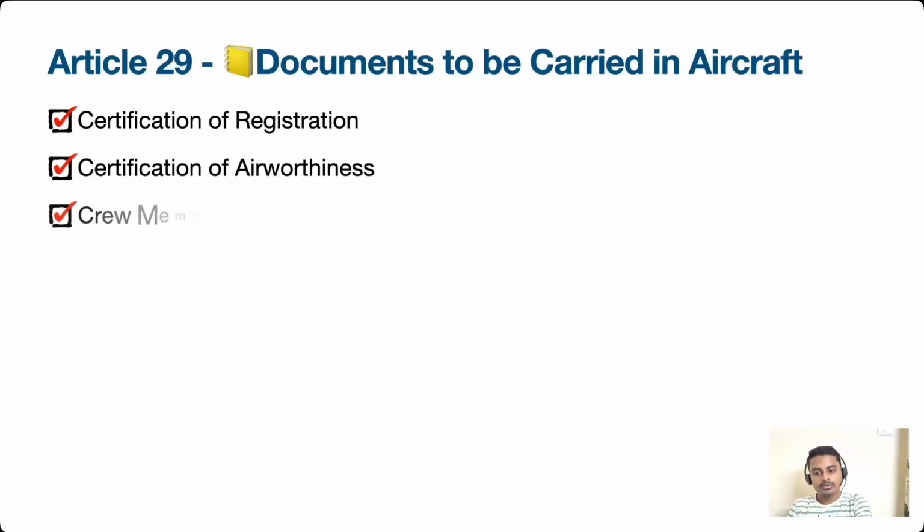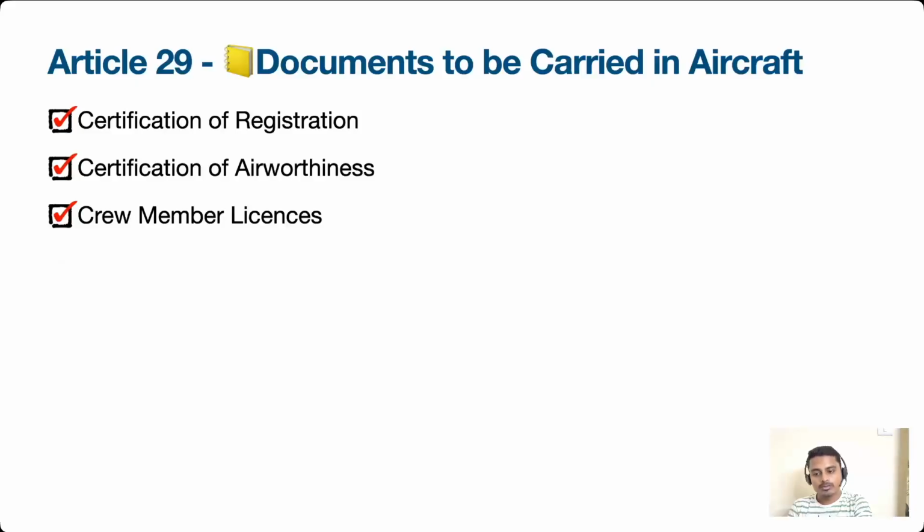So let's go through these documents that are to be carried in an aircraft quickly. It was Article 29 of the Chicago Convention, which mentions the list of documents. First one is the aircraft registration certificate, the certificate of airworthiness.